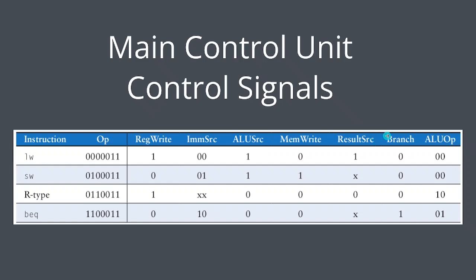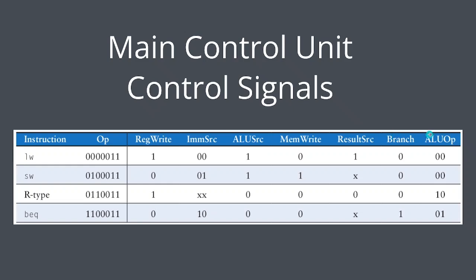Now let's discuss branch. This signal informs the CPU whether a branch instruction is being executed. If branch is high, it means the next instruction will depend on the result of a comparison, allowing the CPU to jump to a different instruction in the program based on conditional logic.